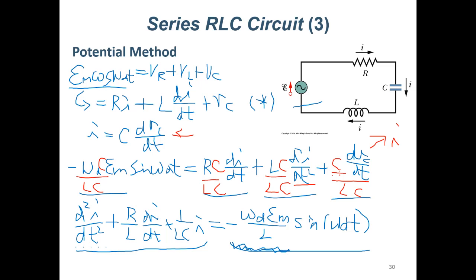So if we want to solve this, if we have the initial condition, then we still need to find the homogeneous solution and then find the particular solution, and then we plug in all the initial values to find the undetermined coefficients in the homogeneous solution.